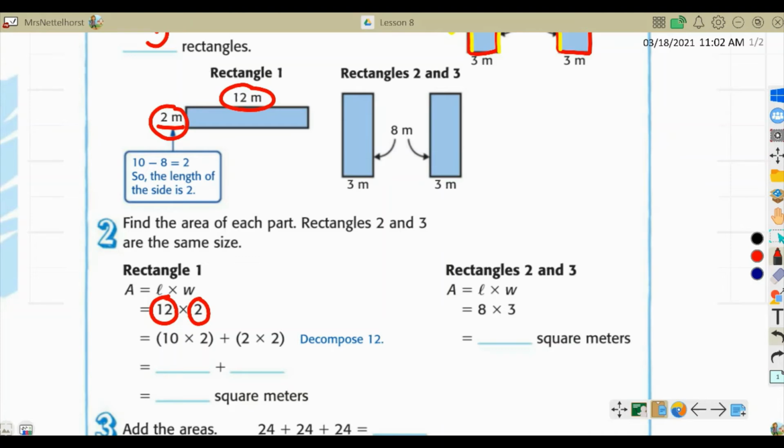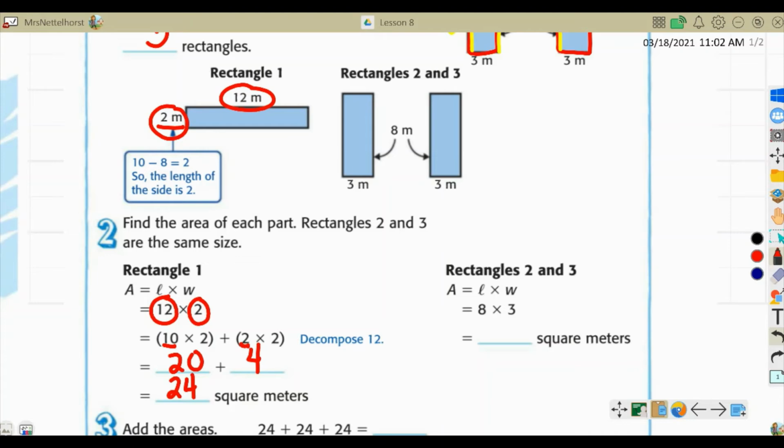So 12 decomposes into 10 and 2, and then you multiply both of those by 2. So 10 rows of 2 is 20, plus 2 rows of 2 is 4. 20 plus 4 is 24. 24 square meters.